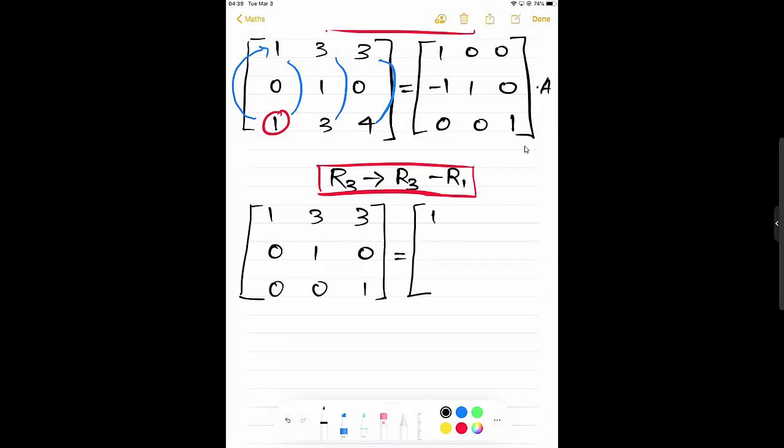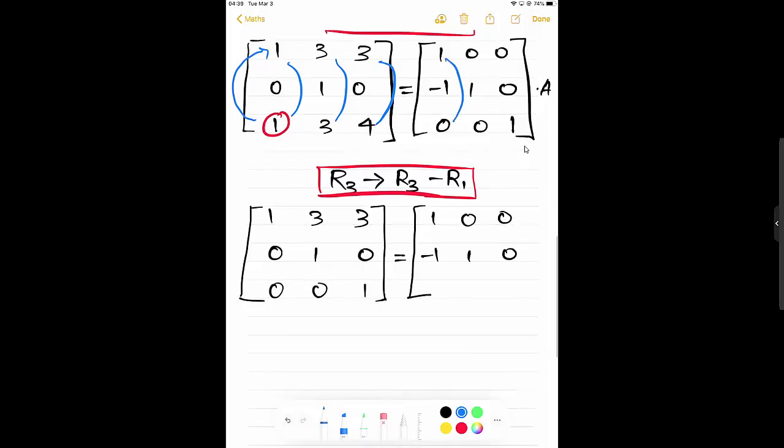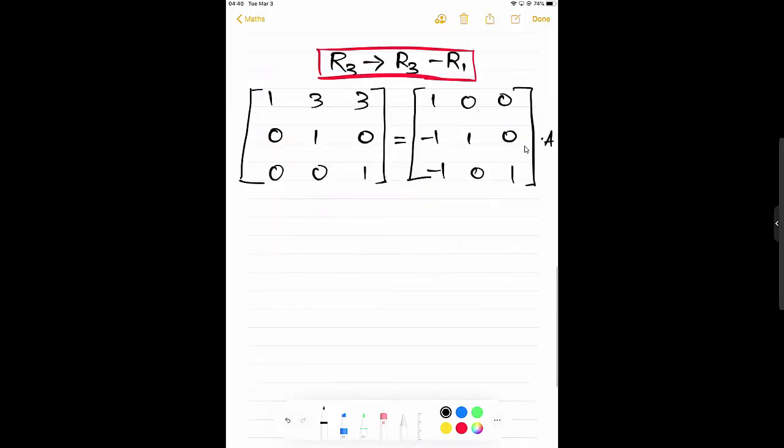So the first row remains the same, second row remains the same. Now 0 minus 1, 0 minus 0, 1 minus 1. What is the value? 0 minus 1 is minus 1, 0, then 1. I hope you are clear till this. Using this rule we got this matrix.